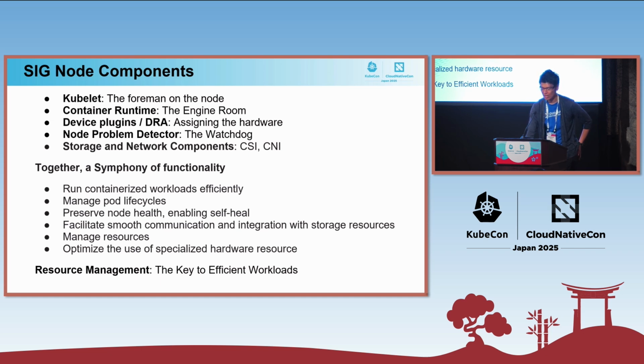Storage and network: our containers need persistent volumes and connectivity. That's where CSI and CNI come in, handling the storage mounts and network interfaces. Each component plays a different role, but they work together like a symphony. So if we are wondering what SIG Node is really working hard on these days, it's resource management. This is a key to efficient workloads.